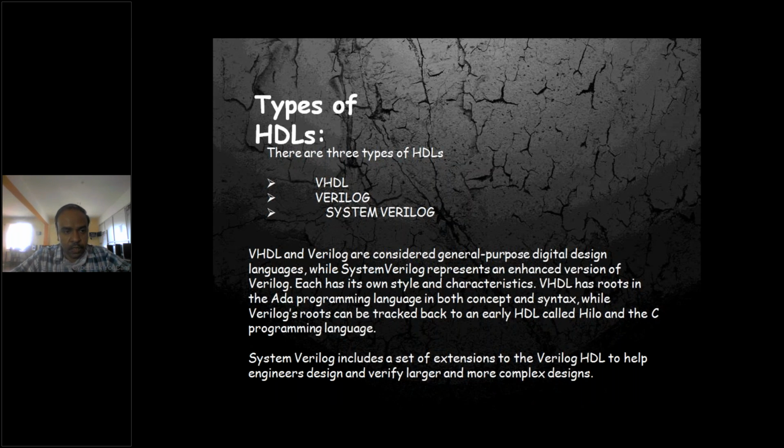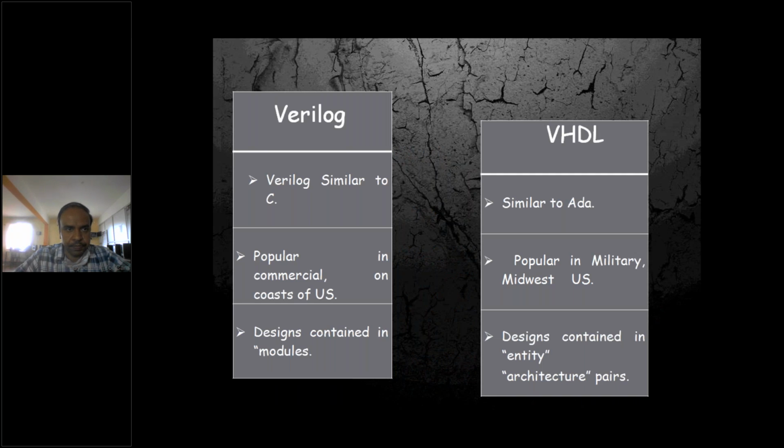VHDL has roots in the Ada programming language in both concept and syntax, while Verilog's roots can be traced back to an early HDL called HILO and the C programming language. SystemVerilog includes a set of extensions to the Verilog HDL to help engineers design and verify larger and more complex designs.